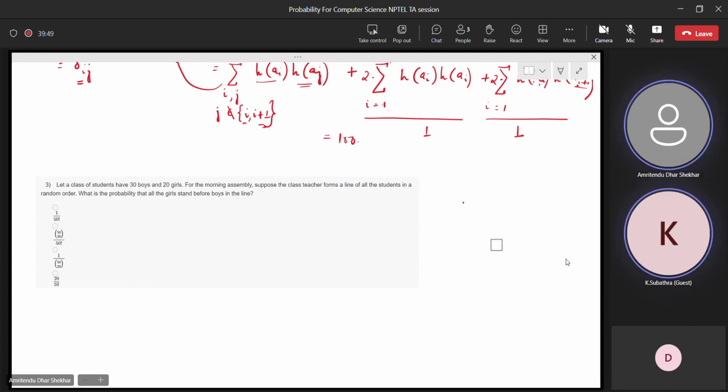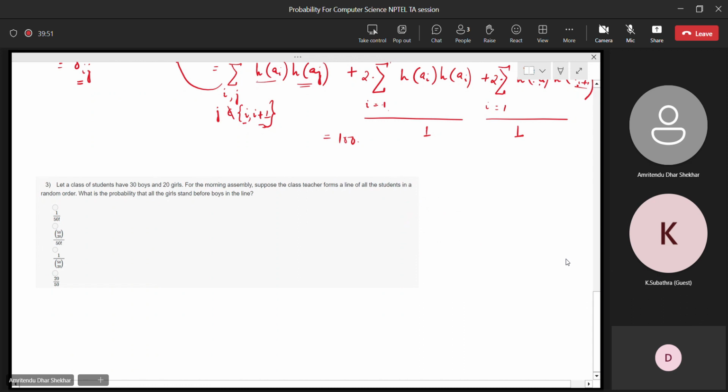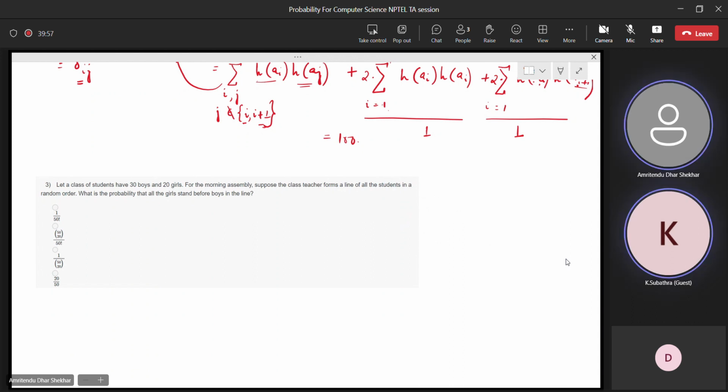But girls have to occupy the front portion, so girls have to stand together. Yeah, so you consider girls as a single unit. So you can arrange them in 20 factorial times 30 factorial ways. So I got the correct answer, but I applied some other technique there.